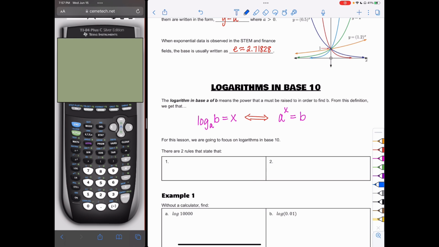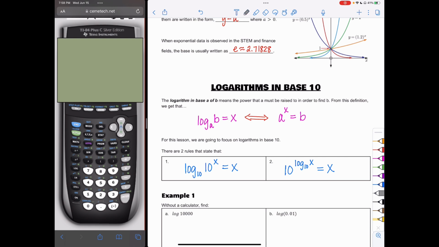The first rule states that the log base 10 of 10 to the power of x is equal to x. The next rule states that 10 raised to the power of log base 10 of x is also equal to x.